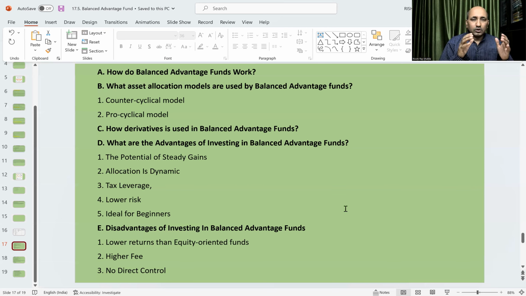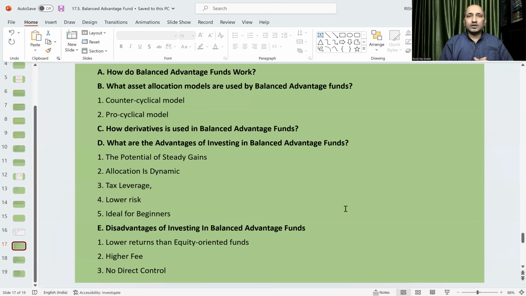How can one gain from this balanced advantage fund? The first thing: there is no need to time the market. This is the first gain from this balanced advantage fund.